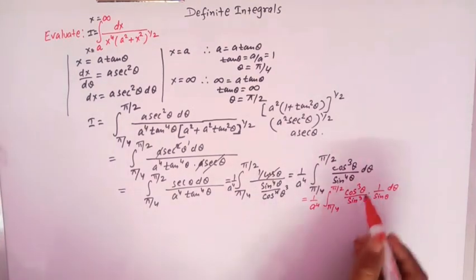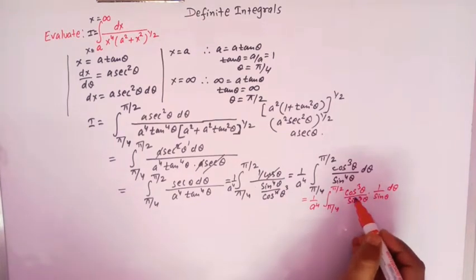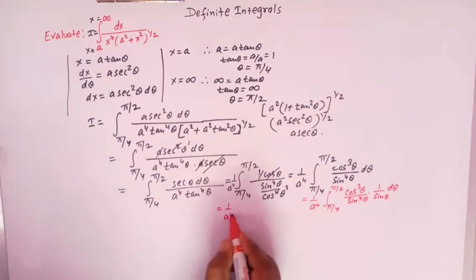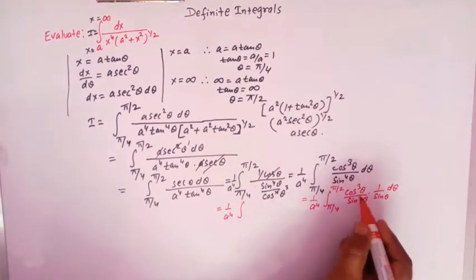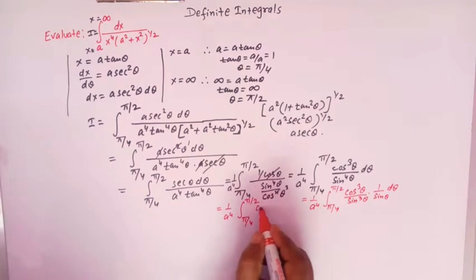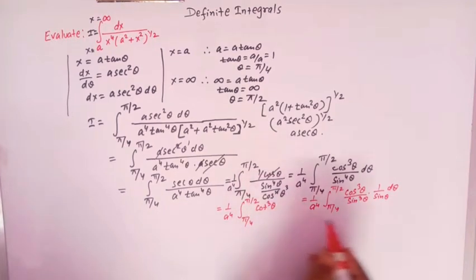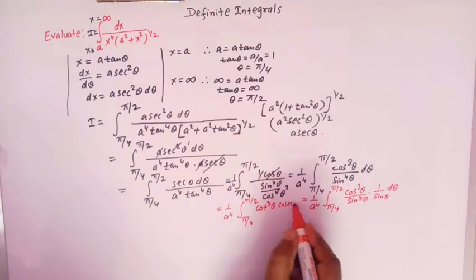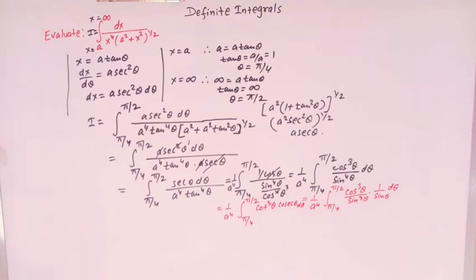Because for cos cube theta over sine cube theta, we can write cot cube theta. So we have here cot cube theta, and for 1 over sine theta we can write cosec theta, and here we have d theta.